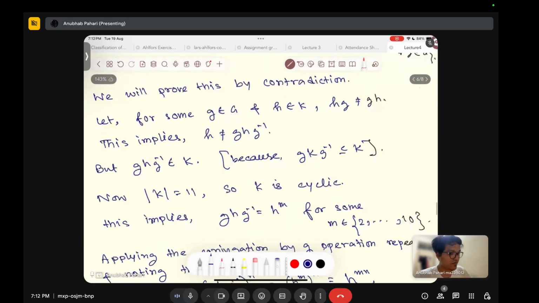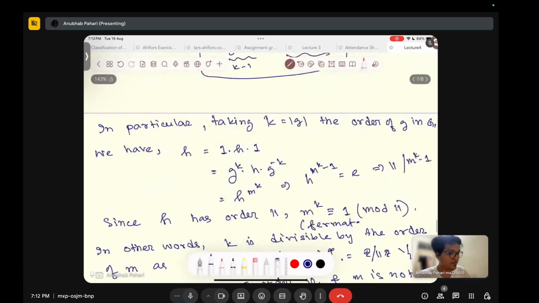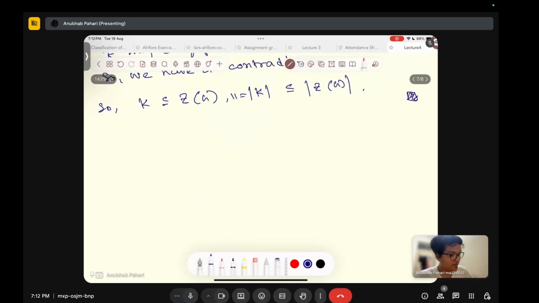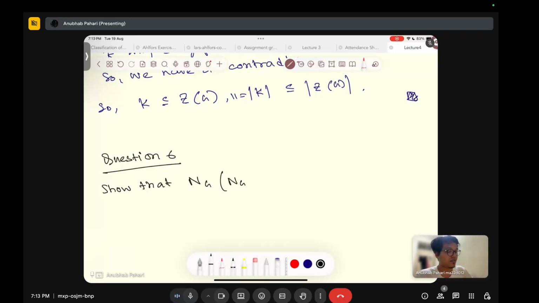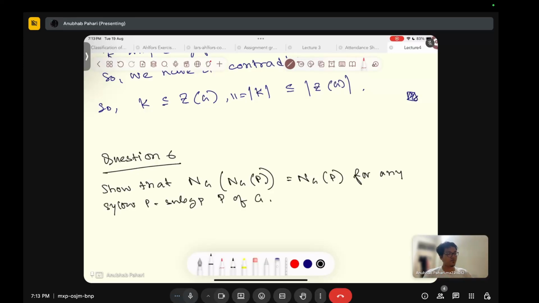So this was question 5. Question 6. Show that the normalizer of the normalizer of P equals the normalizer of P, for any Sylow P subgroup capital P of G. Okay.